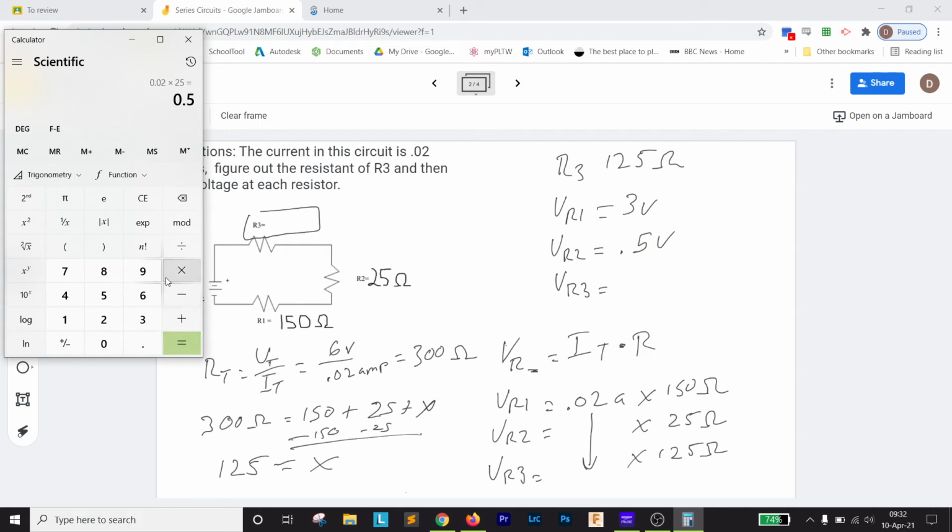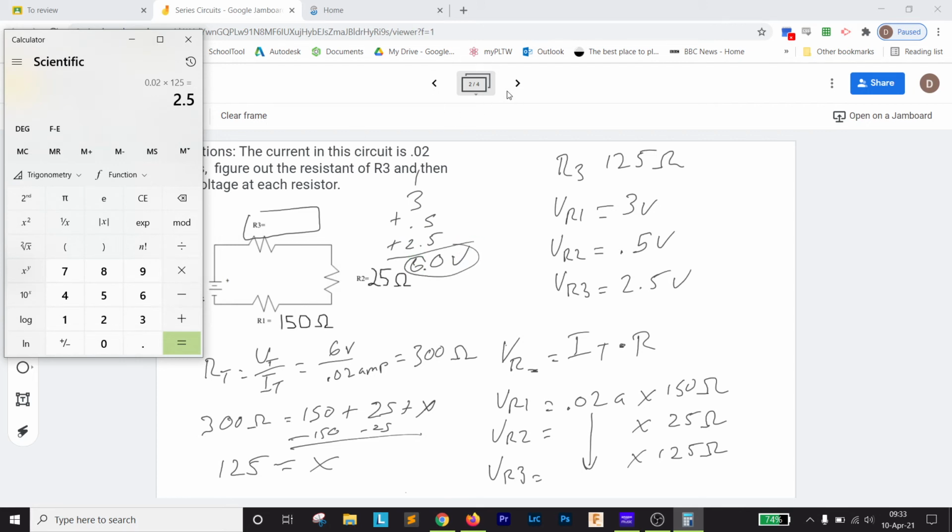And then I'm going to do the 0.02 times 125 for the last one, which is going to give me 2.5 volts. And when you add these together, 3 plus 0.5 plus 2.5, you do in fact get 6 volts. So that all works.